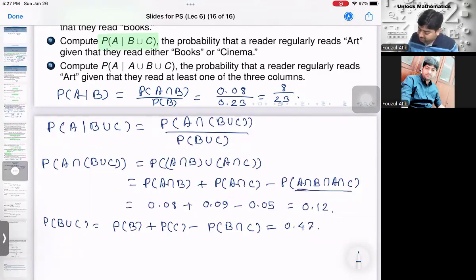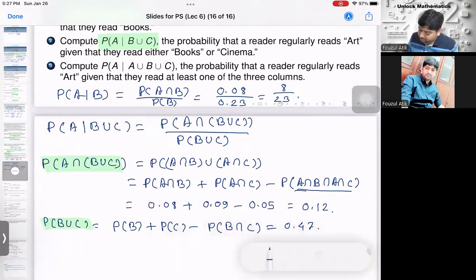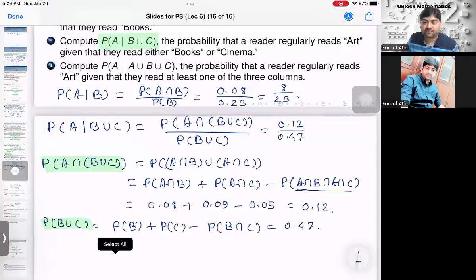And therefore, if I substitute this value and this value in the formula, this is equal to 0.12 divided by 0.47. So it is 12 by 47.